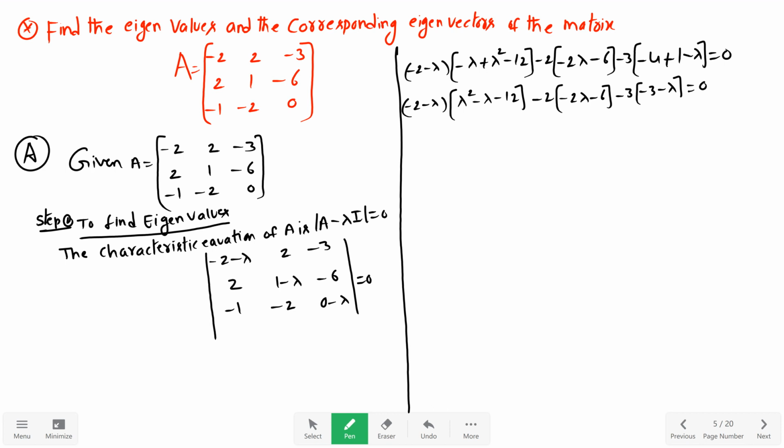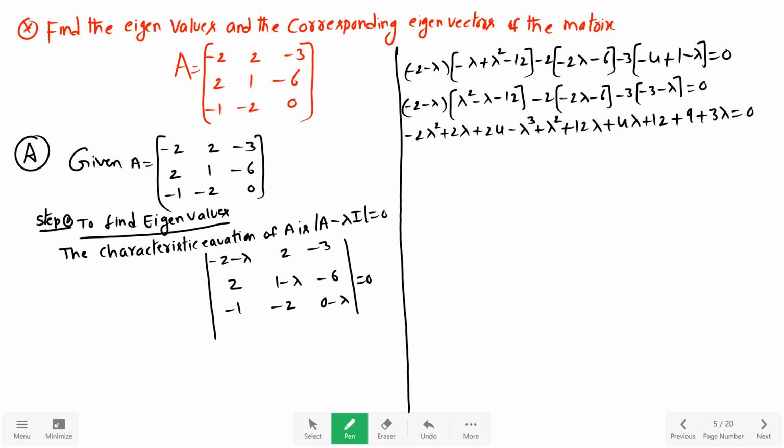Minus 2 multiplying: minus 2 lambda square plus 2 lambda plus 24. Next, minus lambda multiplying: minus lambda cube plus lambda square plus 12 lambda, plus 4 lambda plus 12 plus 9 plus 3 lambda, equal to 0.